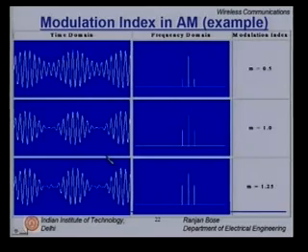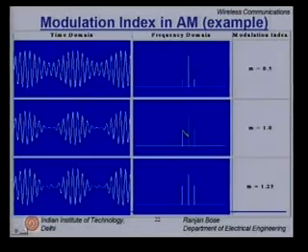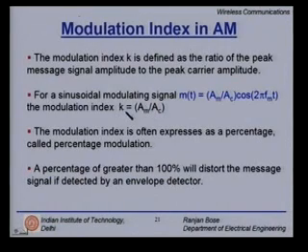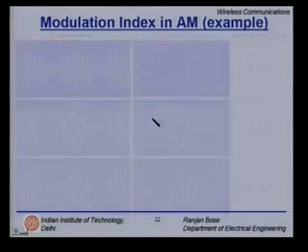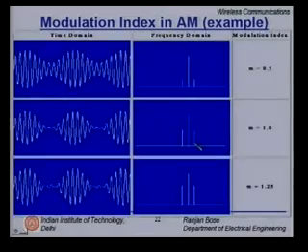Question? Sir, over here m is 1, so it means that Am equals Ac. That is right. Here, K is equal to Am by Ac. So, this is the peak amplitude. If you look at this diagram, there is an upper sideband and a lower sideband.